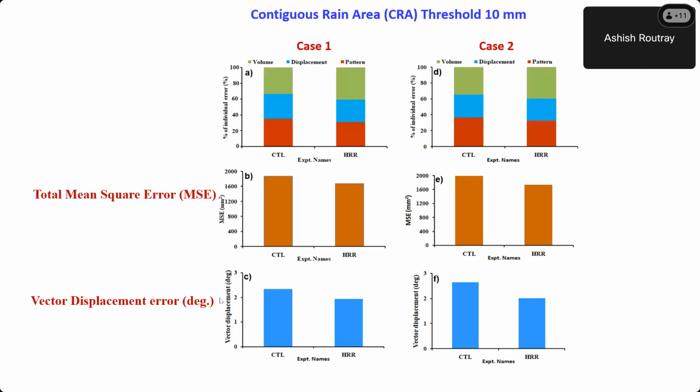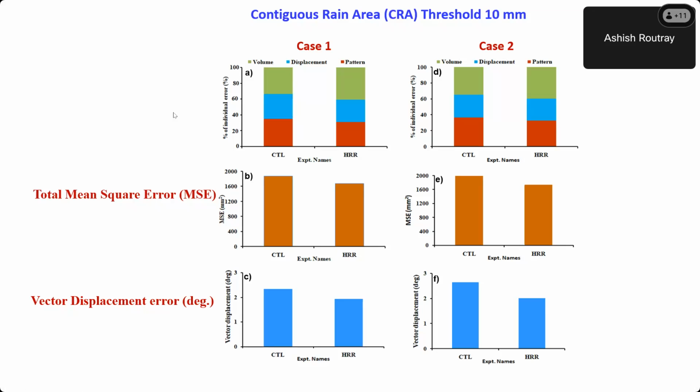Another statistic we did is the contiguous rain area (CRA) at a threshold of 10 mm. You can see in the first row, in the first and second columns, case 1 and case 2, we have the volume, displacement, and pattern error in different colors. In HRR you get more volume error, but displacement and pattern are considerably improved.